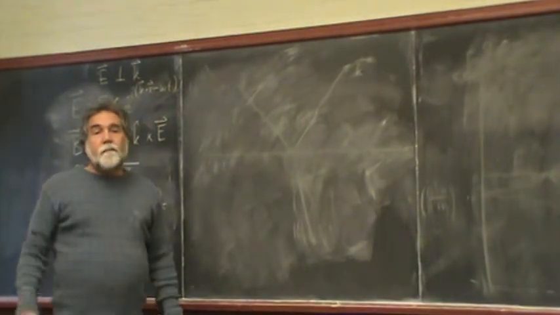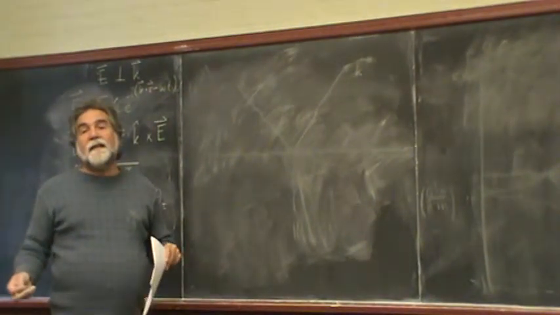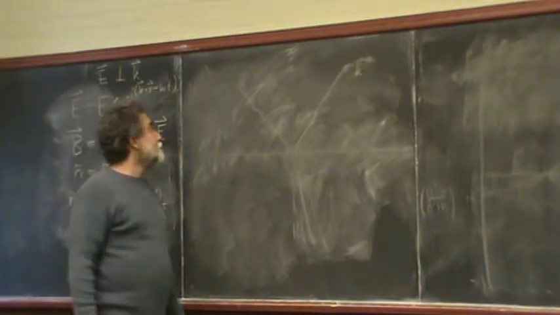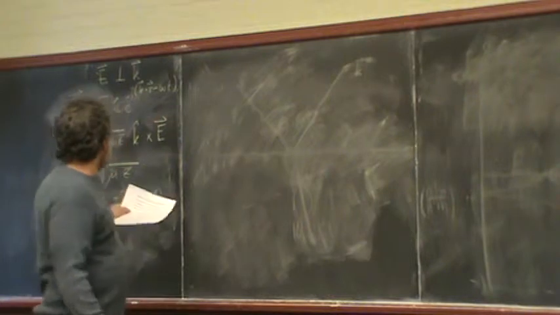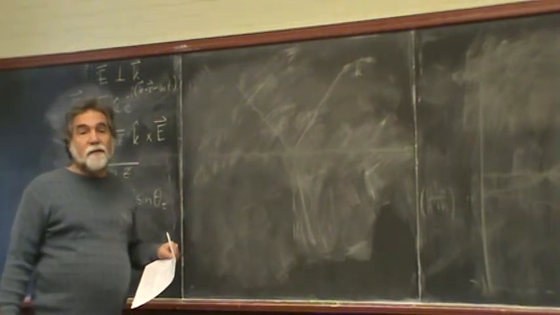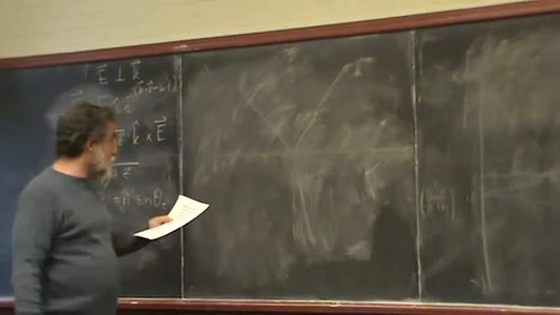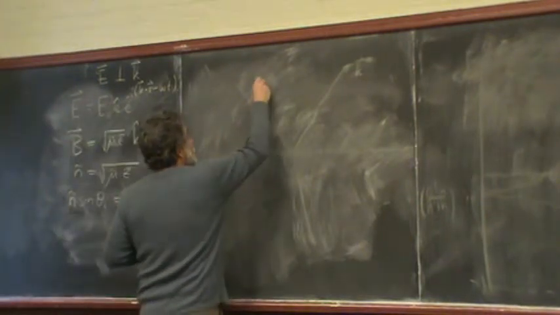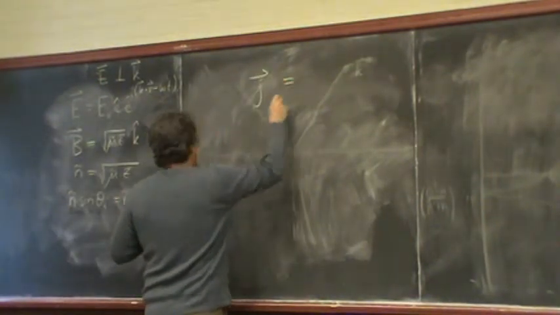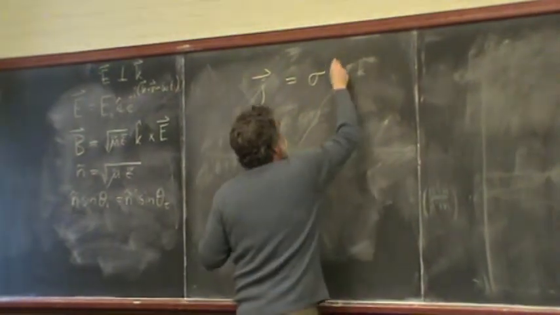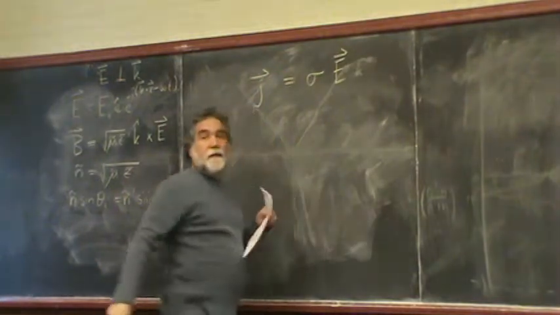All right. So, if I have an electric field in a conducting material, I'm going to get a current. That's going to change the relationships that I'm going to have in my Maxwell's equations. So I can write down that the current density is equal to the conductivity of the material times the electric field.